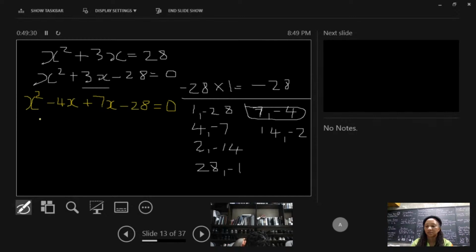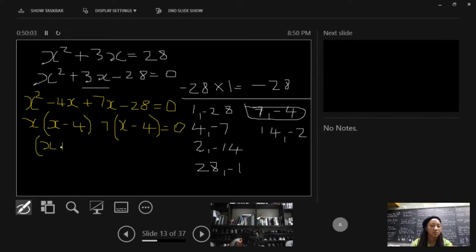What's common? x. x into x squared goes x times. x into negative 4 goes negative 4 times. 7 is common. 7 into 7x goes x times. 7 into negative 28 goes negative 4 times. Equals 0. And so we get x plus 7 and x minus 4 is equal to 0.